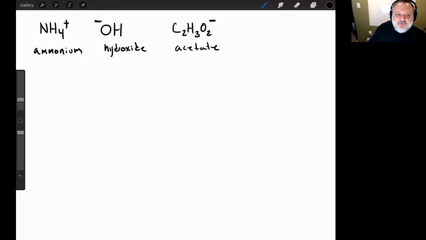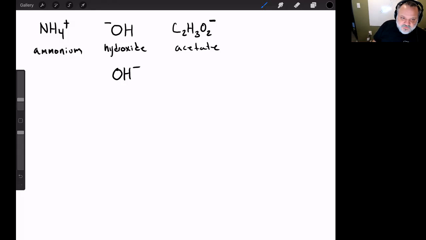I want you to notice something about hydroxide. What's different about the way that I've written hydroxide and the way that I wrote all the other ones? Yeah, it's really about where I put the charge. There is nothing wrong with this. I write the minus on the left side in this particular case for reasons that have to do with where the charge actually is located.